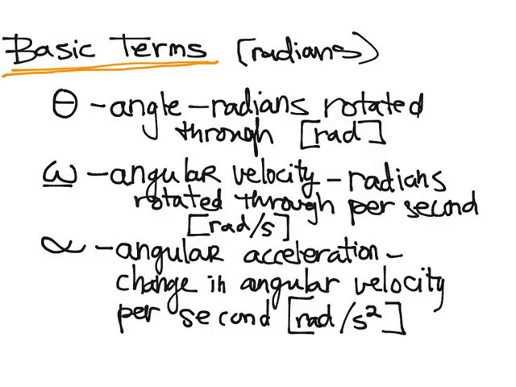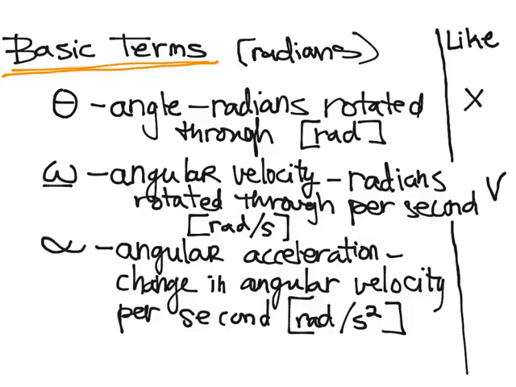Sort of as an analogy to kinematics, you can think of theta as like your position. Angular velocity is like your velocity, and angular acceleration, of course, is like acceleration.